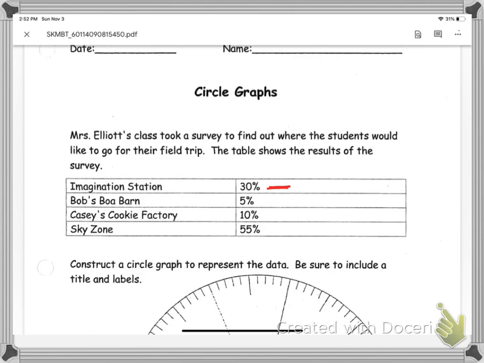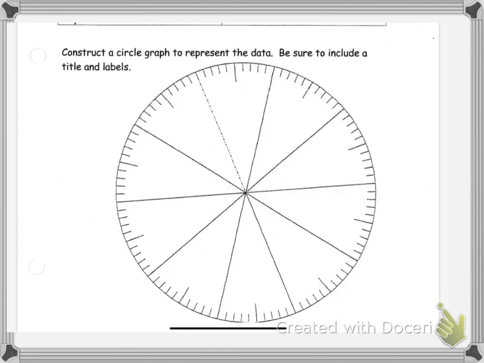So what we're going to do is take this information and fill it into the circle graph that is down on the bottom part of the page, which I'm going to have to flip over. So this is the circle graph that's on the bottom. I want to explain how it's set up before we actually start filling in that graph information.